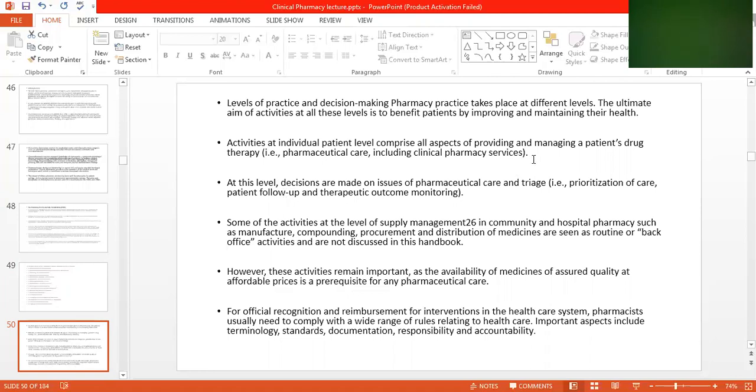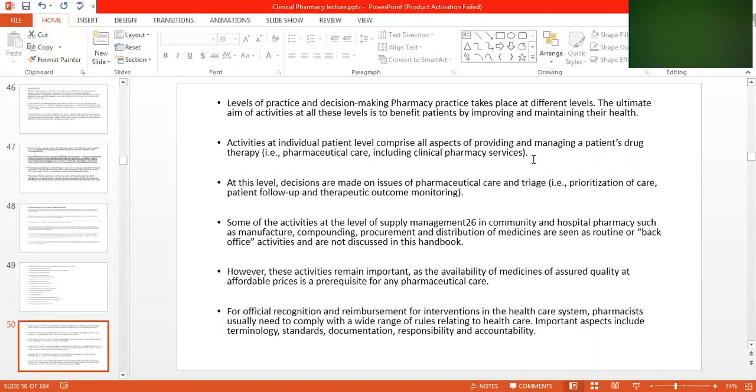Activities at the individual patient level comprise all aspects of providing and managing a patient's drug therapy, that is pharmaceutical care, including clinical pharmacy services. So what is our duty as a pharmacist? Activities at the patient level comprise all aspects of providing and managing patient drug therapy.